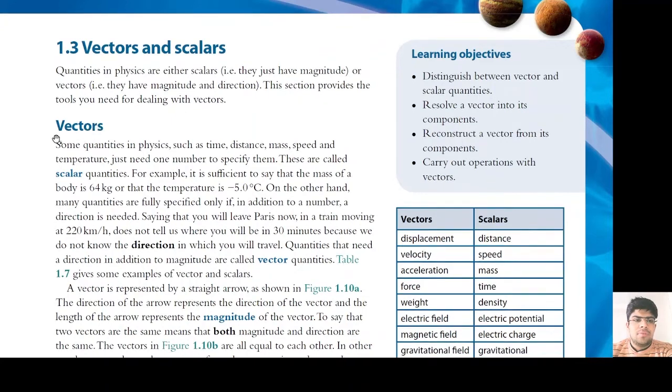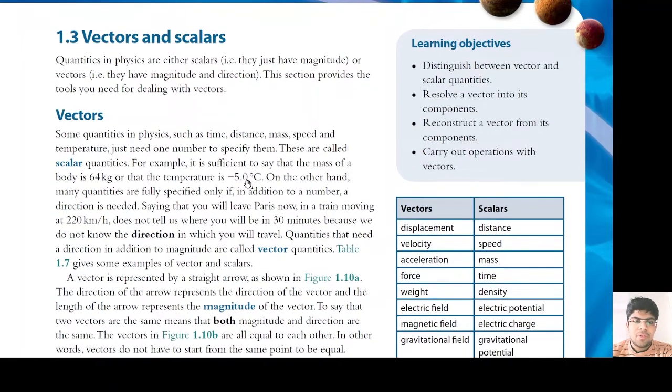Now, vectors. Some quantities in physics, such as time, distance, mass, speed, and temperature, just need one number to specify them. These are called scalar quantities. For example, it is sufficient to say that the mass of the body is 64 kilograms, or that the temperature is minus 5.0 degrees Celsius.